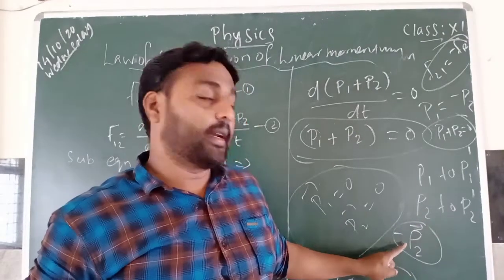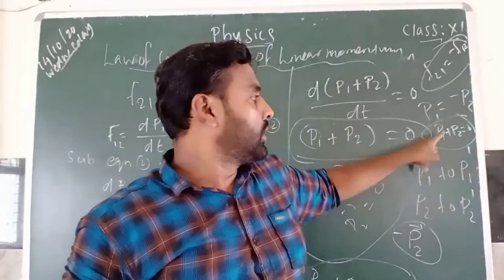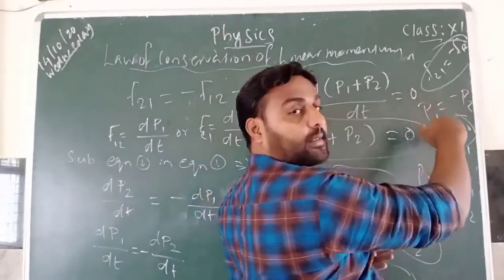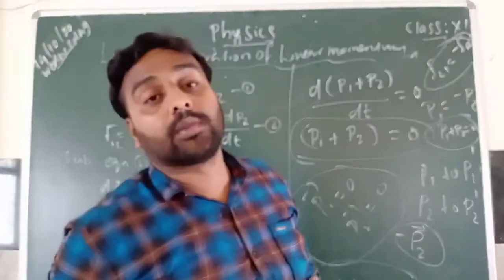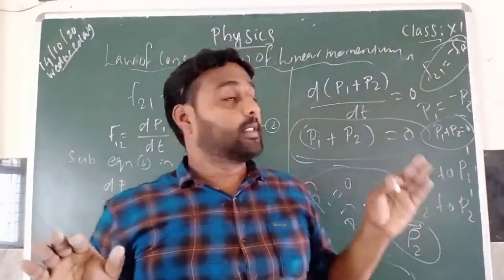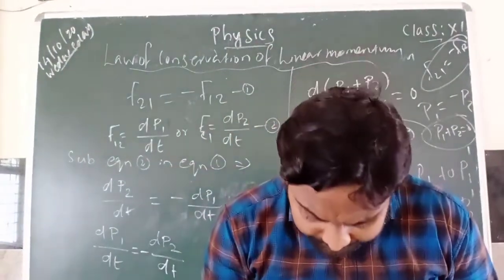So we can write minus P2. So P1 is equal to minus P2. If you take this minus P2 to this side, P1 plus P2 equal to 0. So again total momentum is conserved. This is what we are saying, recoil momentum.